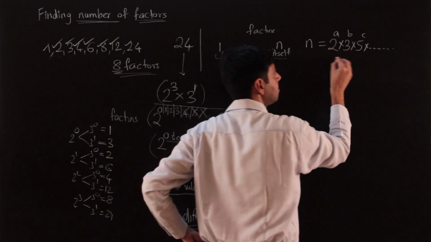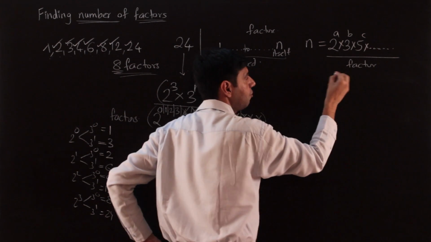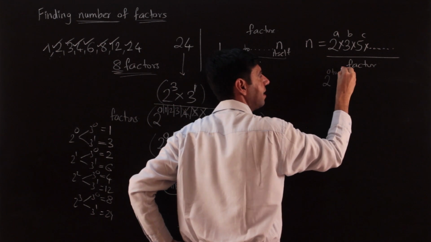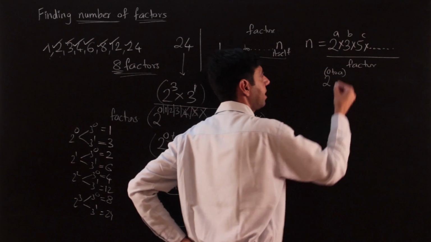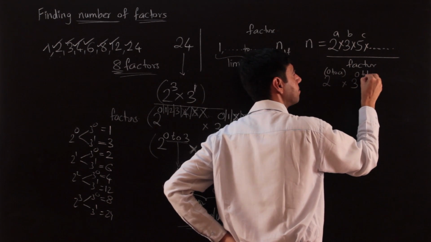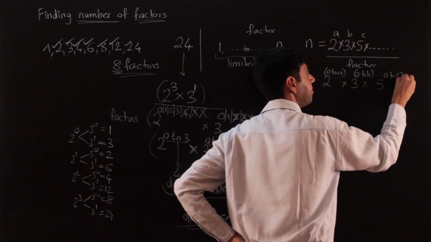And if we have this for any factor of the number, the only possibilities are the power of 2 could be 0 to a. Only then it is going to cancel out with a 2 raised to a. The powers of 3 should be 0 to b. And the powers of 5 has to be 0 to c.